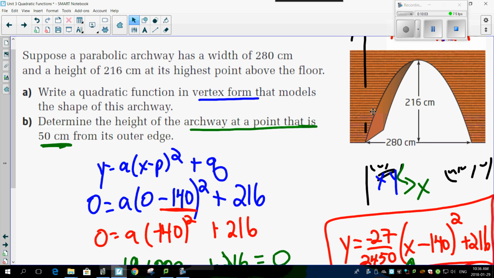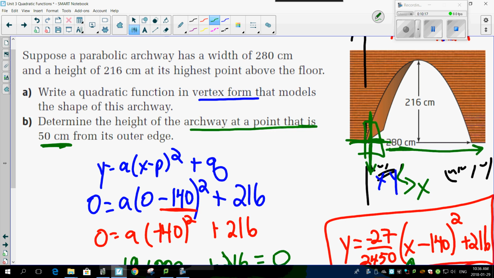And we're dealing with a window setting here of 10 up, 10 to the right, 10 to the left, 10, zoom standard. So we have to change this window setting to be at least 280 and at least 216 this way.